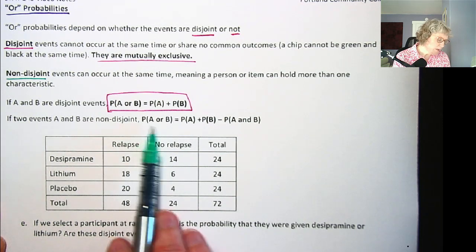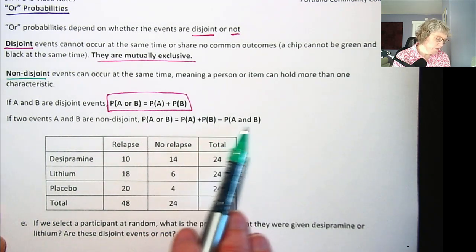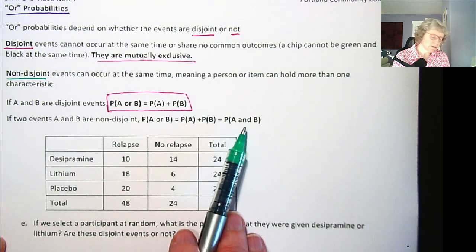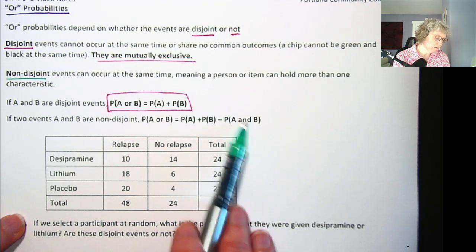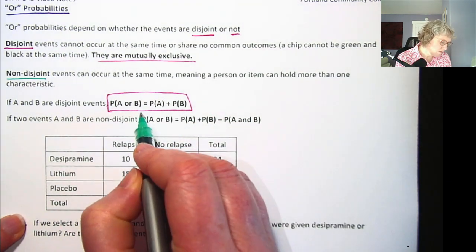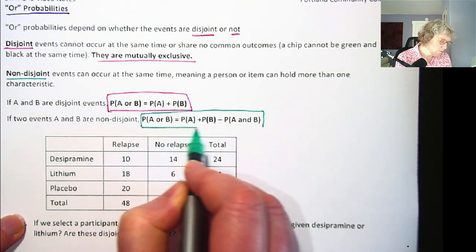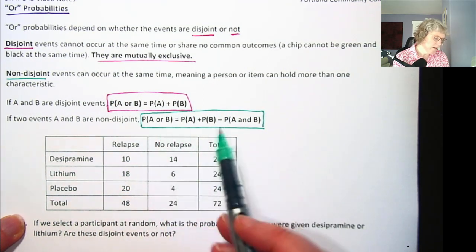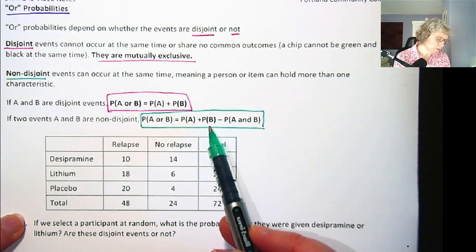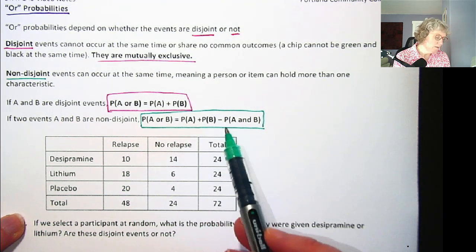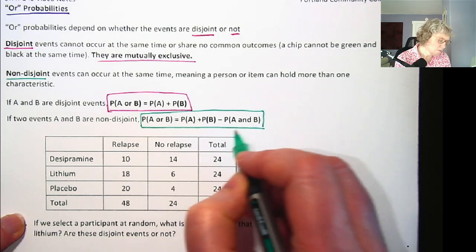But when we add them together, then we're counting the intersection twice. And so we're going to have to subtract the intersection out. So this is what it looks like in symbols. Probability of A or B is equal to the probability of A plus the probability of B minus the intersection, A and B.